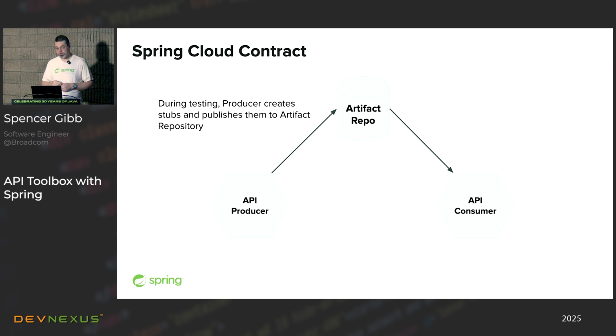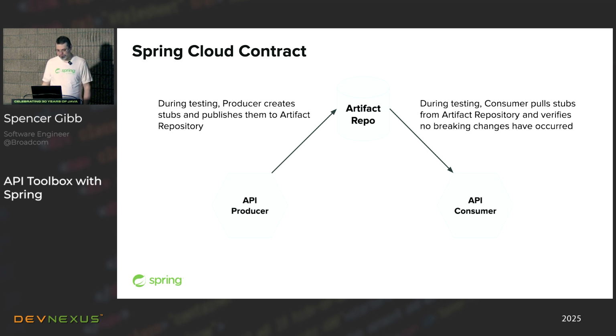I need to do different colors or outlines. The API producer pushes a stub of a service that they provide to an artifact repository, and the consumers consume it. They run their tests, and if there's a breaking change, their tests will fail automatically, right? And then they can go back to the team and say, hey, you broke us, right? So it's a nice way to do consumer-driven testing.